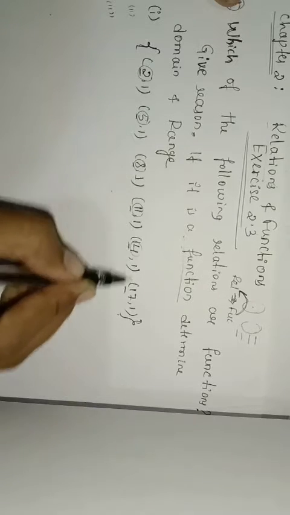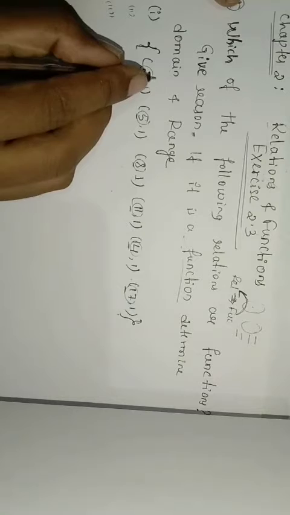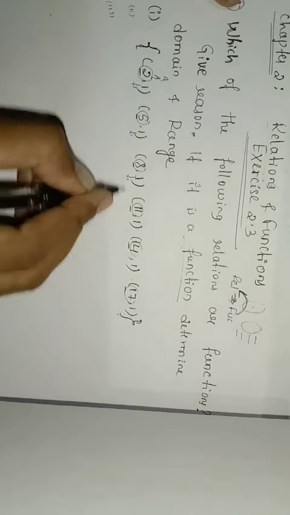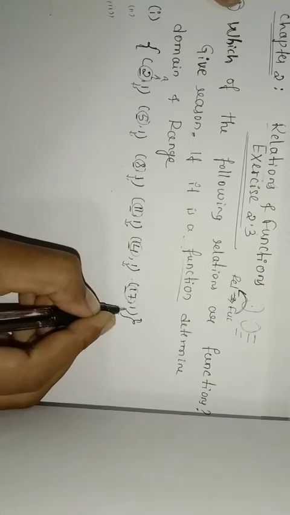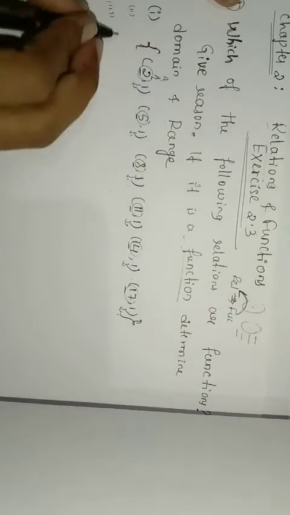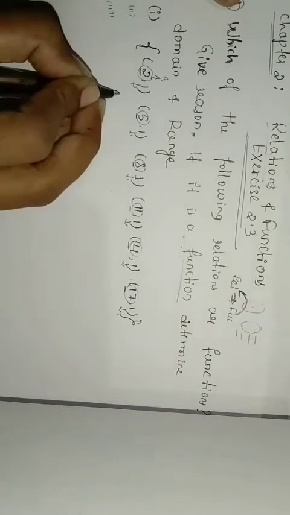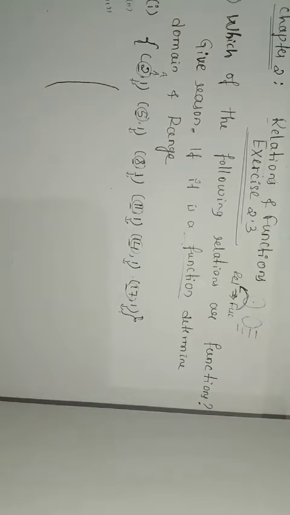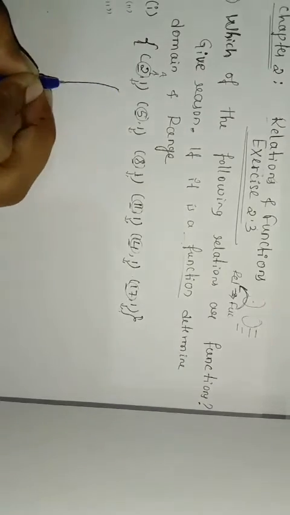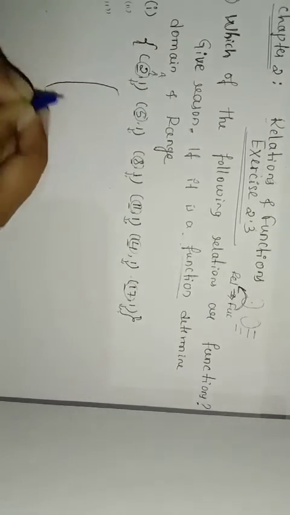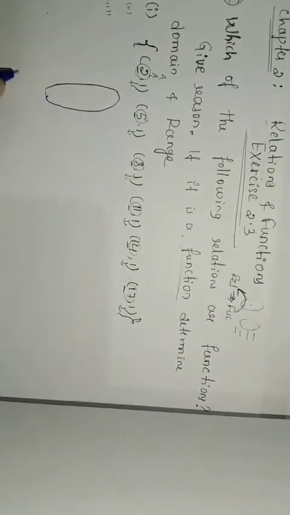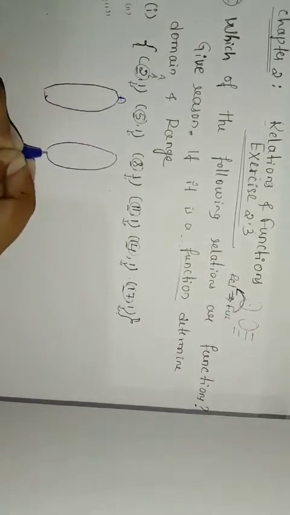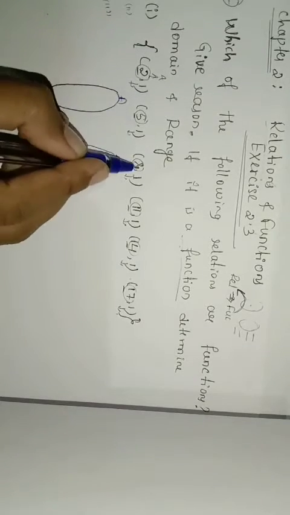These are the domain, these belong to set A, and the second elements belong to set B. Suppose this is set A and this is set B. What are the elements present in set A?